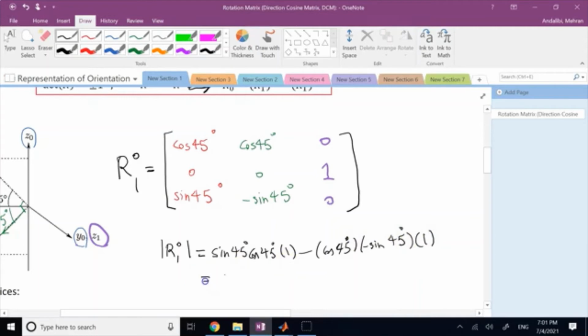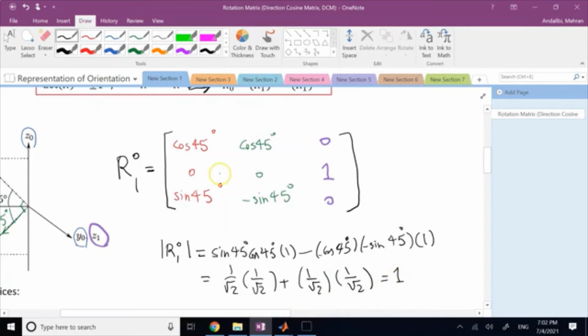And clearly, these two negatives would cancel. This is 1/2, because sine of 45 is 1 over square root 2, so times 1 over square root 2. And this is going to be plus 1 over square root 2 again times 1 over square root 2. This is 1/2 and 1/2, you are going to get 1.